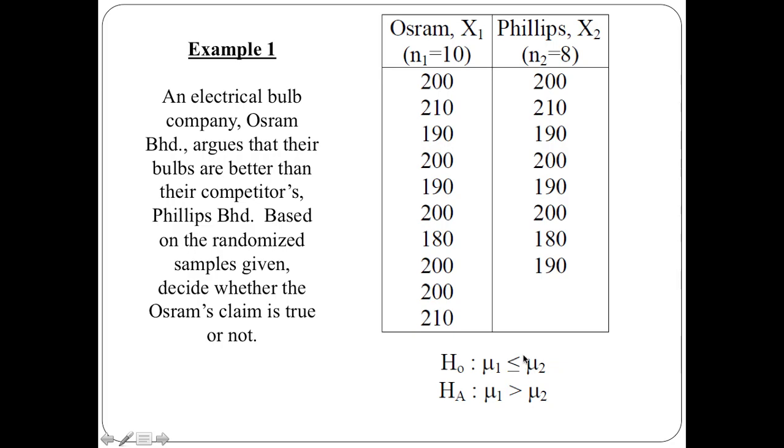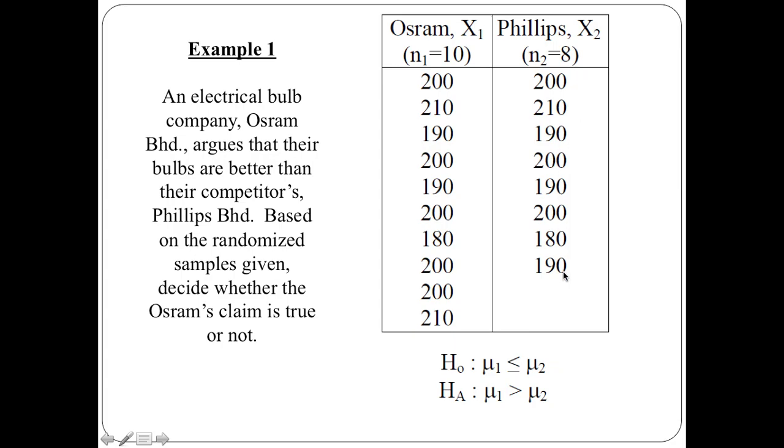So for your null hypothesis, you can apply a direction, which is smaller, so it is smaller than or equal to the mean of Philips. And your alternative hypothesis is the opposite direction, which is larger. So this will be your null and alternative hypothesis. How many samples do you have for Osram? 10, and the random sample collected for Philips is 8.